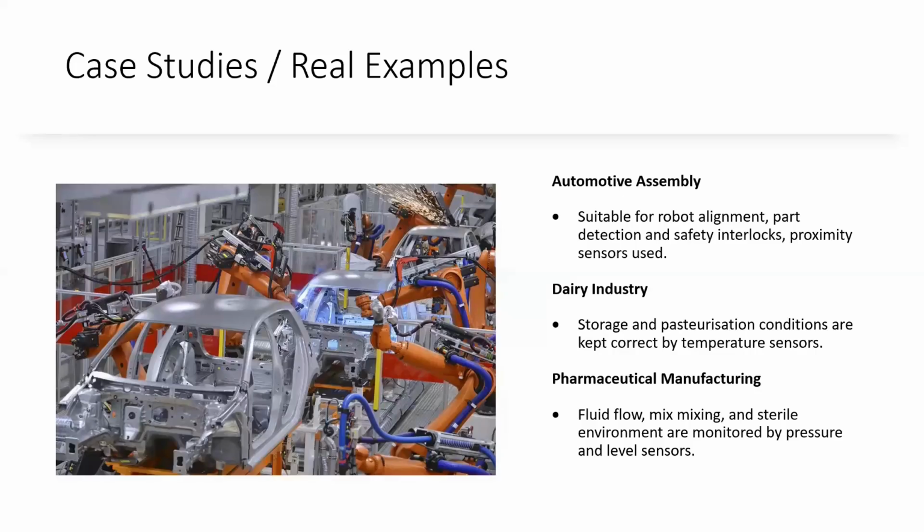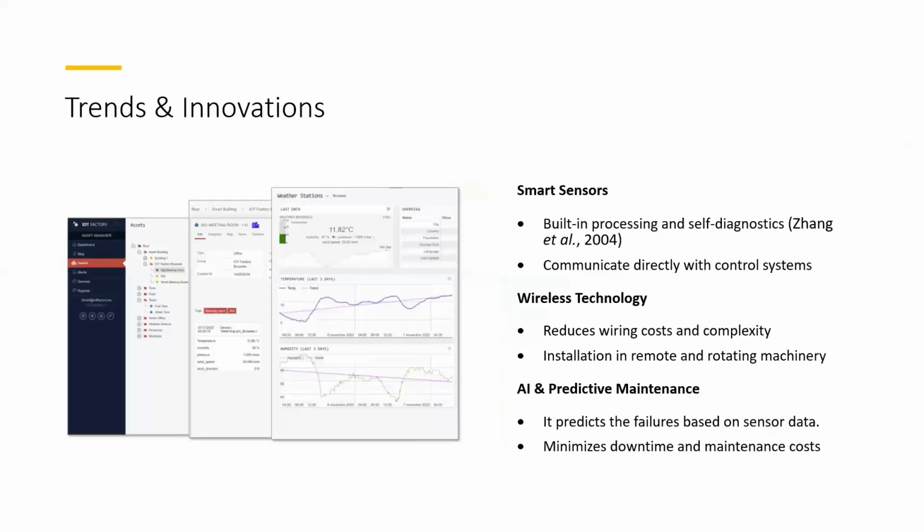This is just to show the advantage of sensors in industry. And then in pharmaceutical manufacturing, in terms of fluid flow, mixing and sterilization and many more, we have level sensors and pressure sensors like what we have discussed today. So the use cases are so huge in various industries.